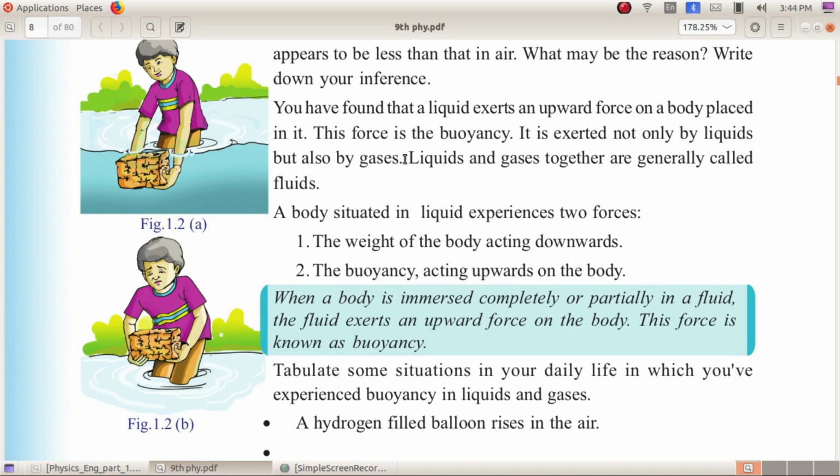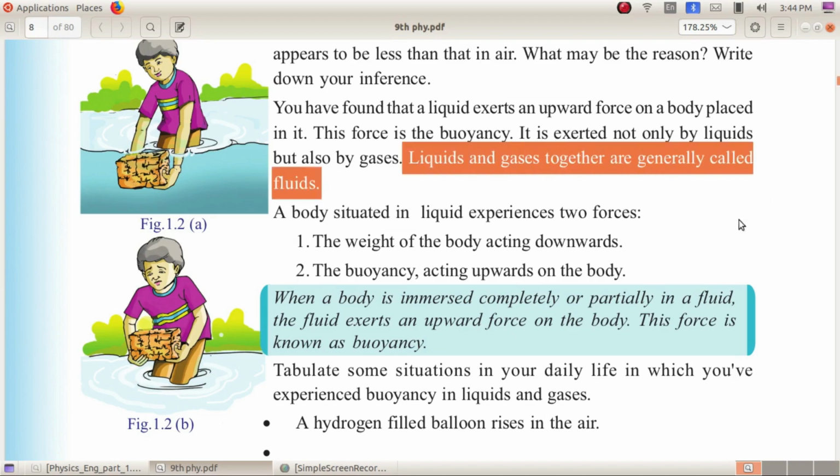Liquids and gases are generally called fluids. Fluids include both liquids and gases. Both liquids and gases are collectively called fluids.